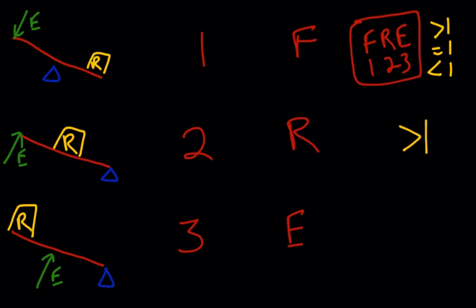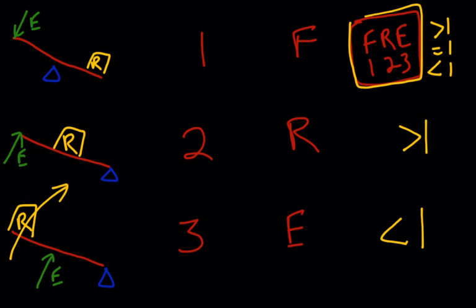And third class lever, it's always going to be less than 1, your mechanical advantage. Because on the third class lever, remember, you're trying to get your distance out of it rather than the amount of force. Okay, so those are the 3 classes of levers. Hopefully you can remember which one is which with "free," 1, 2, 3.